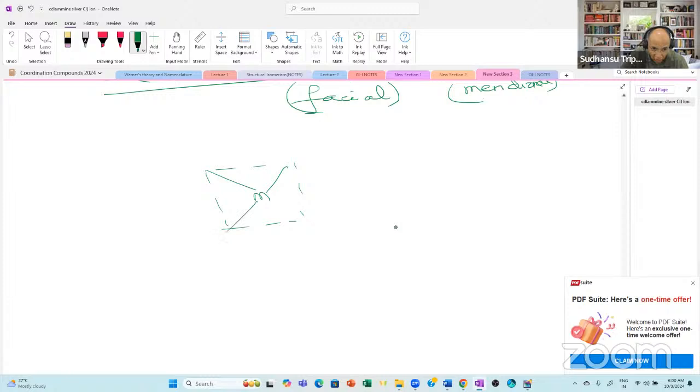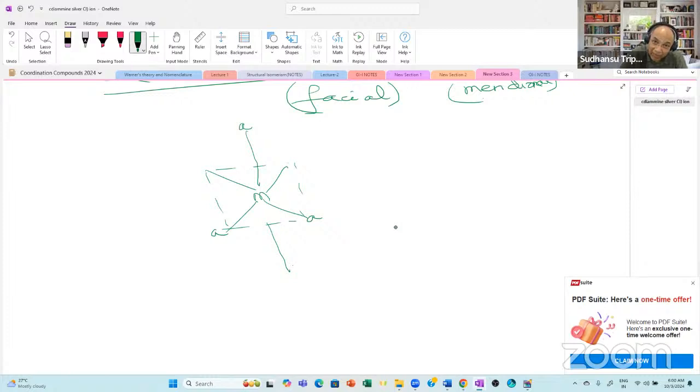So first draw the outline of the tetrahedron. Then AAA will be kept in such a position that if you join AAA, it will form a triangle. That triangular plane will not pass through the metal ion. It does not pass through the center, then that is facial.